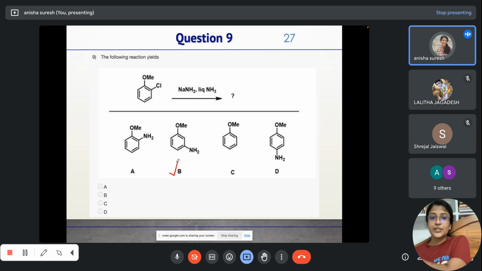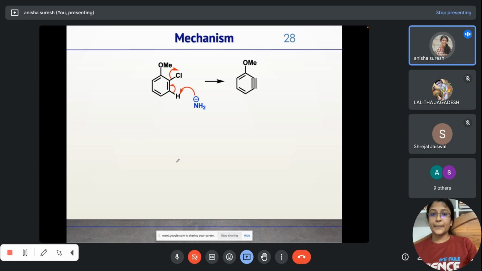So here this reaction is going through benzyne intermediate. So we have discussed the mechanism for benzyne formation when we were discussing the summary of the lectures. So we can go through what is happening. So the sodamide, here the nucleophile will be NH2 minus. So here NH2 minus can also act as the base, can abstract the proton.